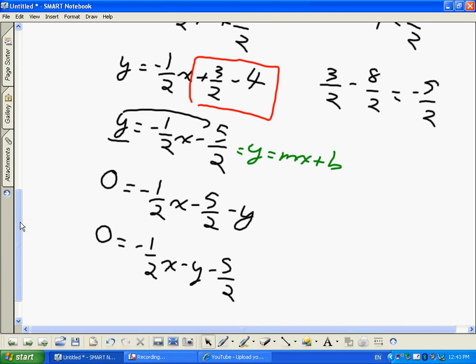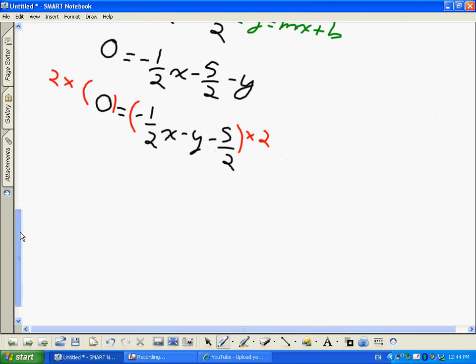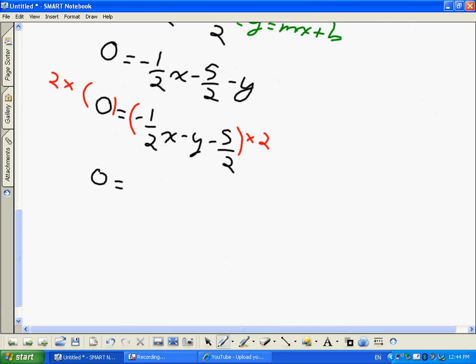If I multiply every term here by 2, and I multiply this side by 2, does that change anything on the other side? No. 2 times 0 is still going to be 0, so we're still in standard form because we're set equal to 0. But when I multiply these terms by 2, this will become negative x, this will become negative 2y, and this will become negative 5. So finally, our standard form.